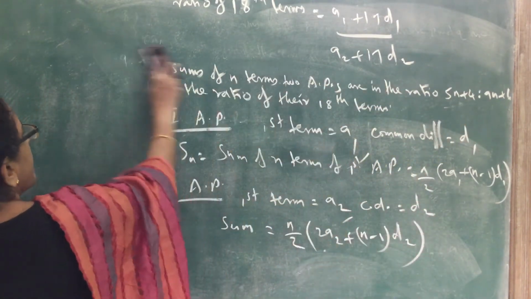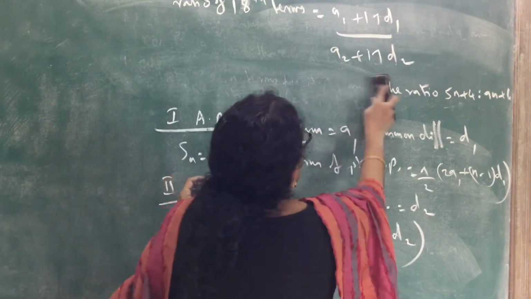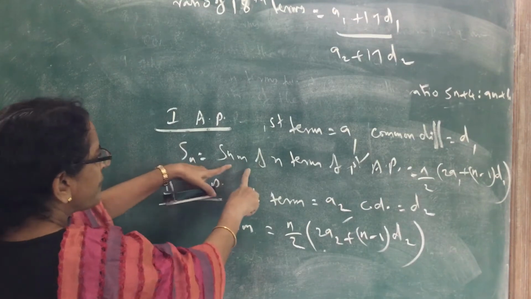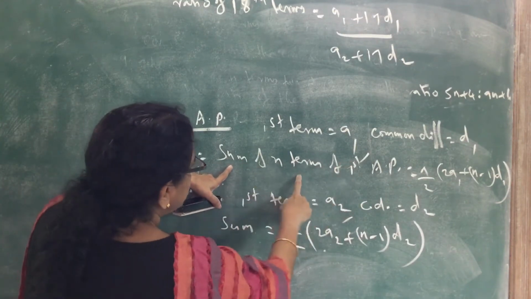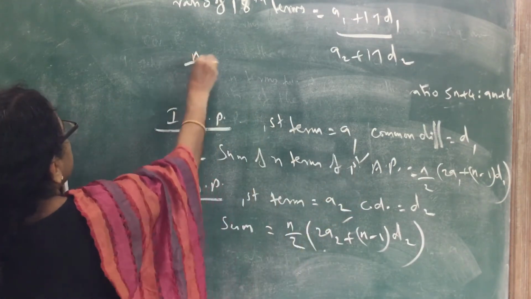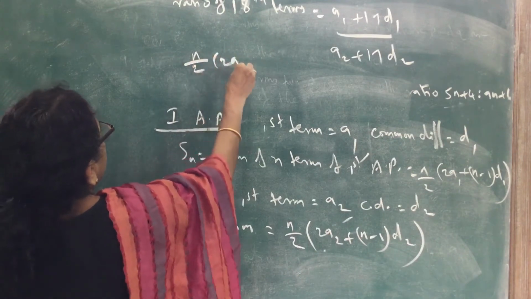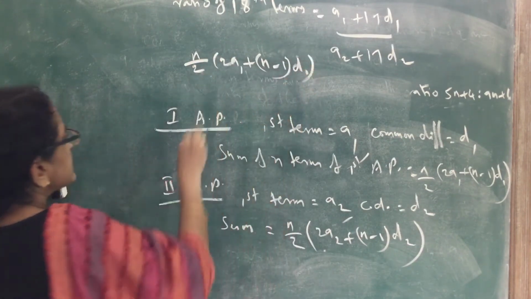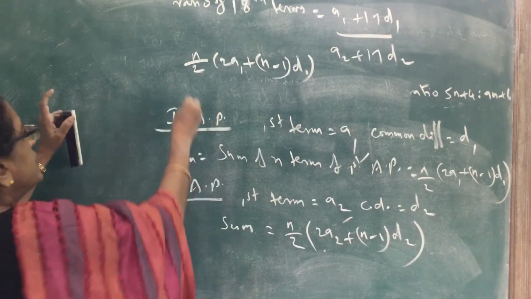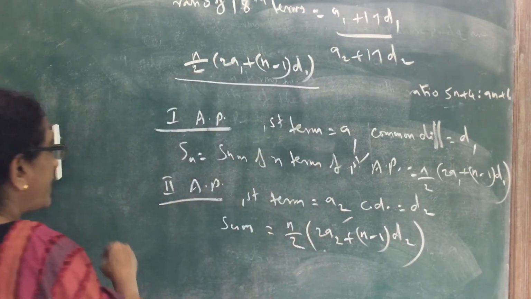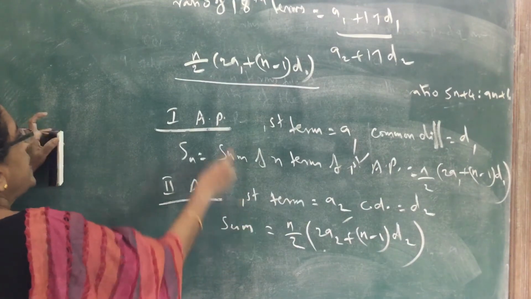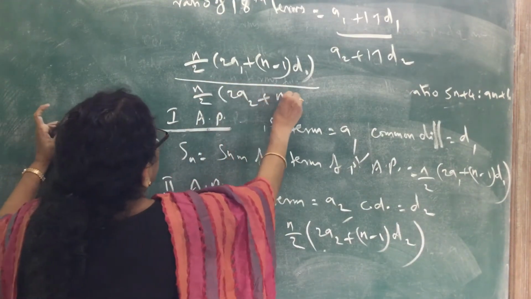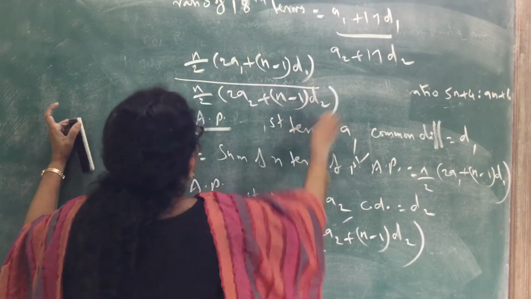So the ratio of the sums is given. The sum of n terms of the first AP is n by 2 into 2a1 plus (n minus 1) d1, divided by the sum of n terms of the second AP, n by 2 into 2a2 plus (n minus 1) d2.